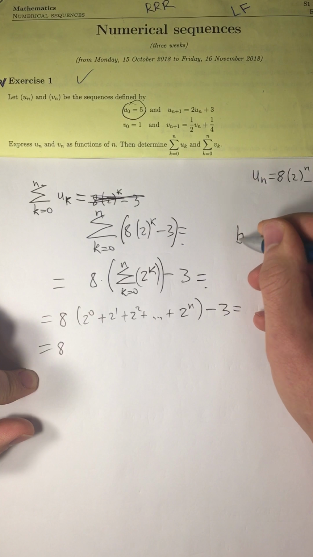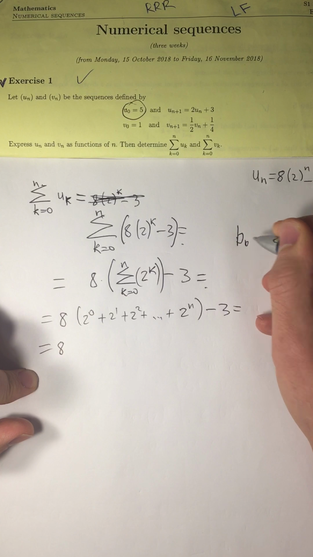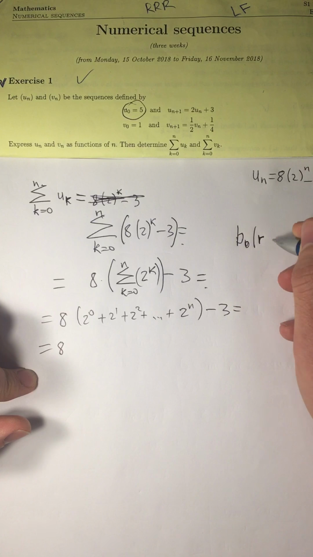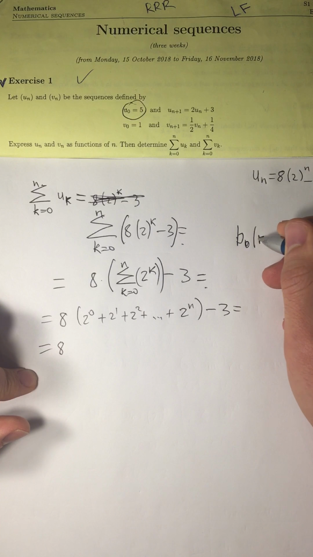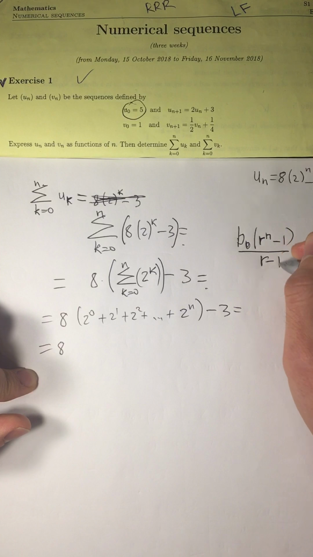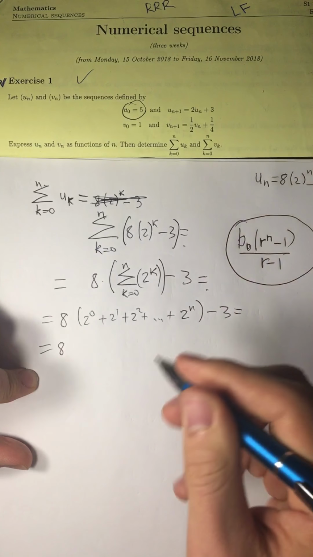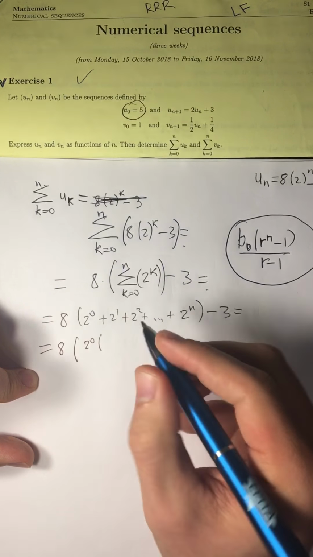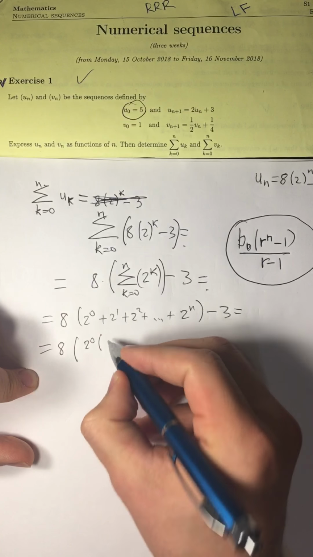Let's say b0 is the first term, and the rate, in some countries they say r, some say q. I'm going to write r because I like r. The sum is the first term times r to the number of terms minus 1, over r minus 1. So the first term is 2 to the 0, and the common ratio is 2.